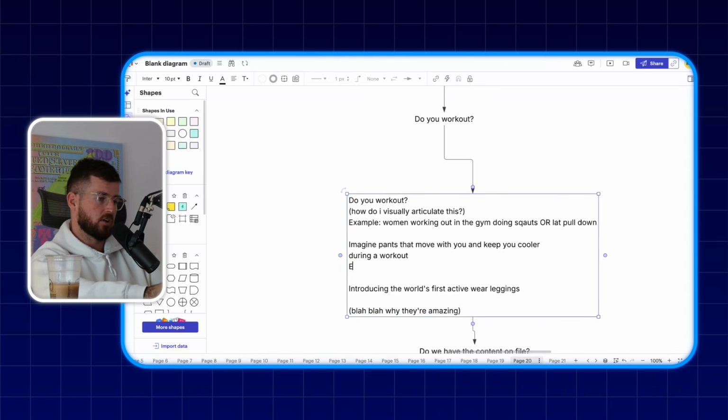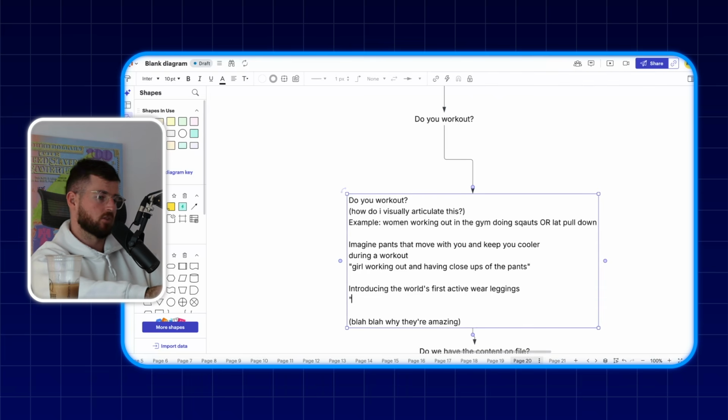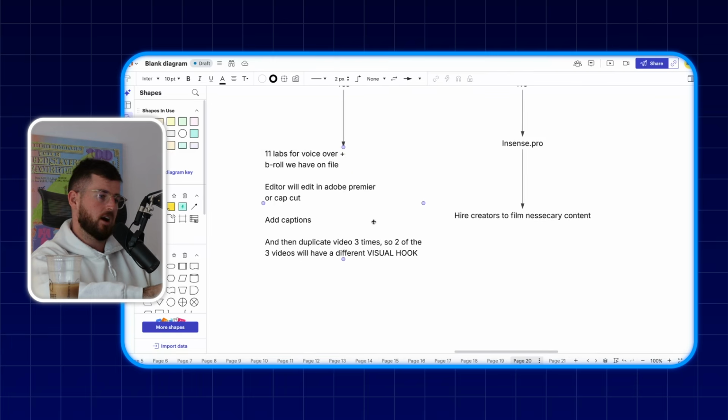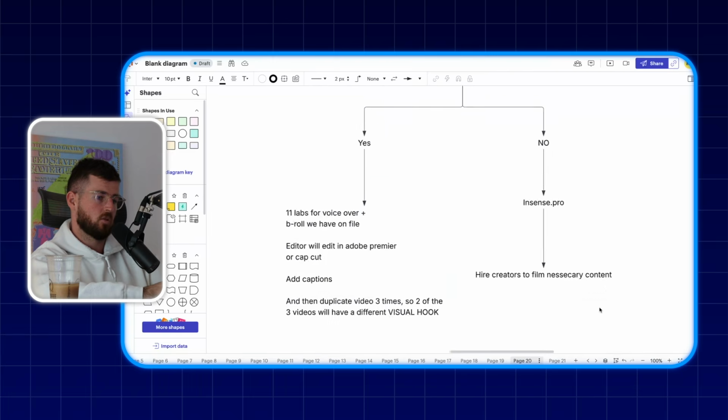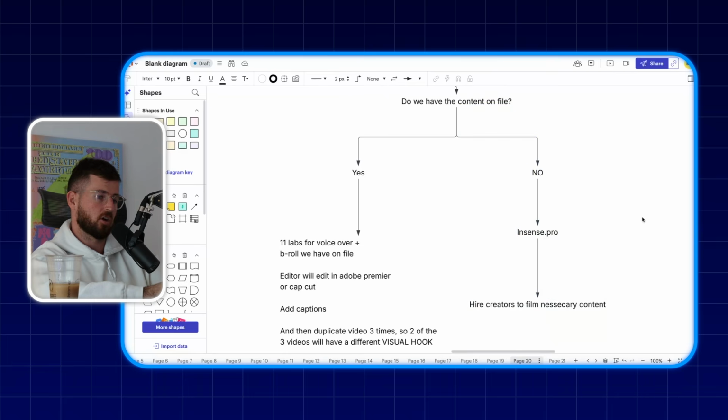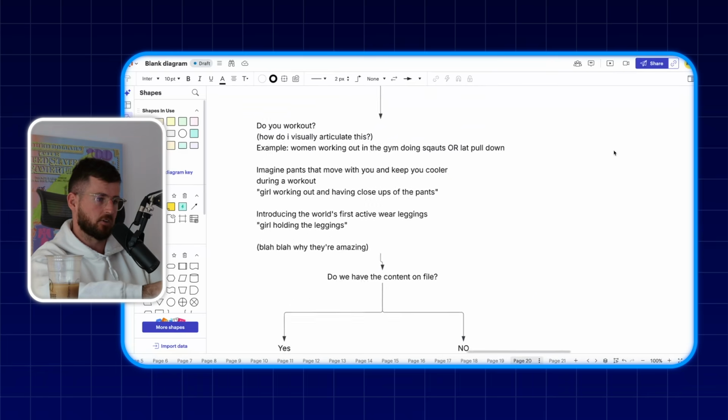So here we could do a girl working out and having close-ups of the pants. Okay, I'm introducing the world's first activewear leggings. Here we could do a girl holding the leggings. Boom. And I could just keep going. That's the content that we'll put in the B-roll if we have the B-roll. If not, then we'll just go hire a content creator on incense.pro and send them the leggings to go film that necessary content.